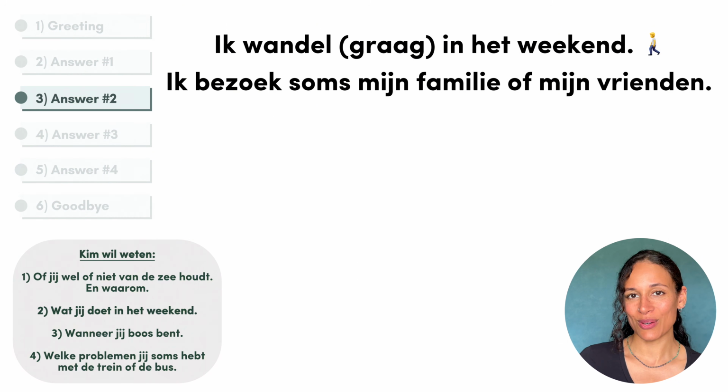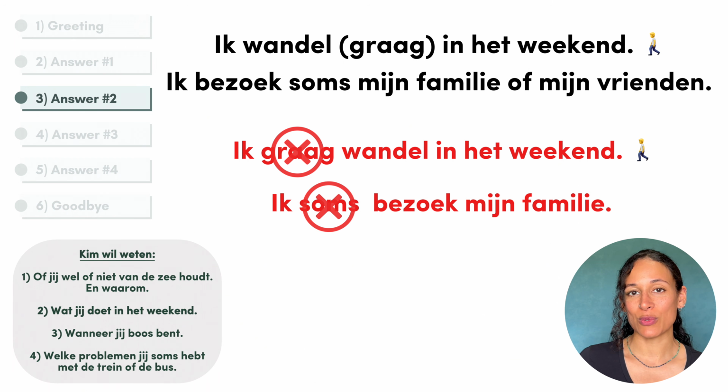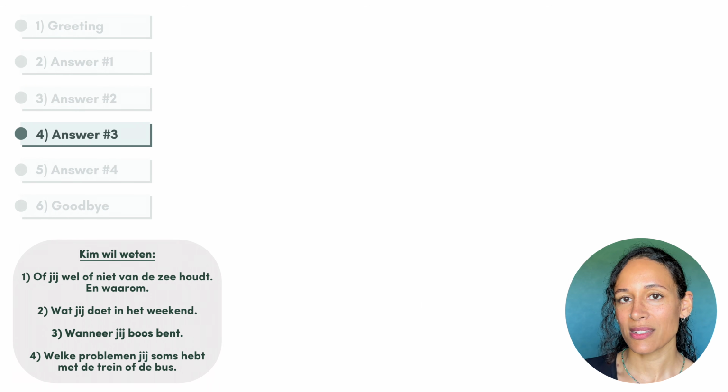Enzovoort. And so on. Watch out, make sure you don't write something like, ik graag wandel in het weekend. Or, ik soms bezoek mijn familie. These sentences would not be accepted because again, you're putting something in between your subject and your verb that doesn't belong there.